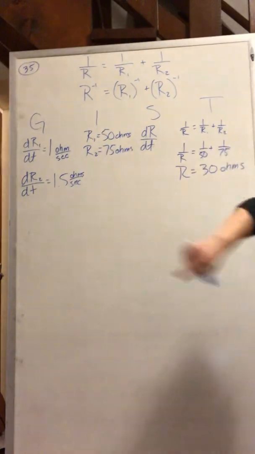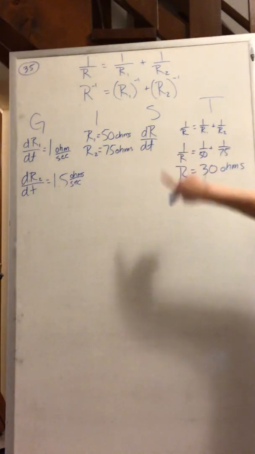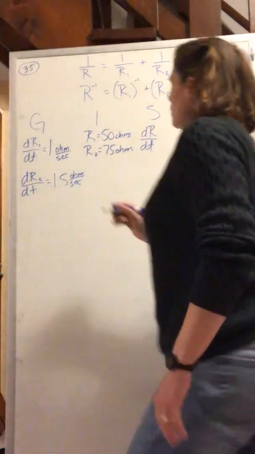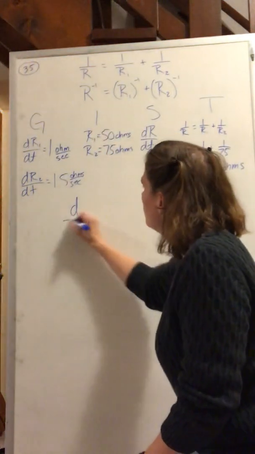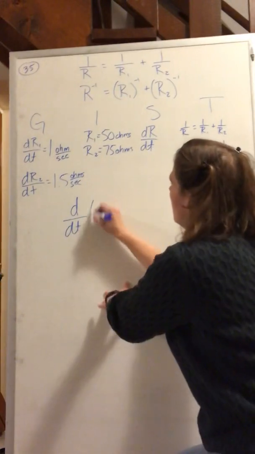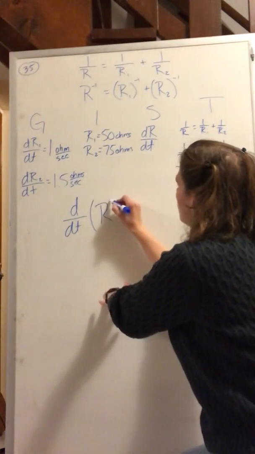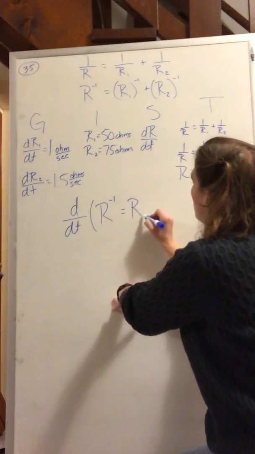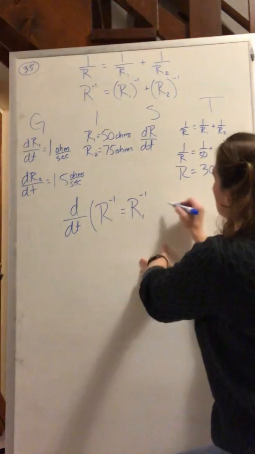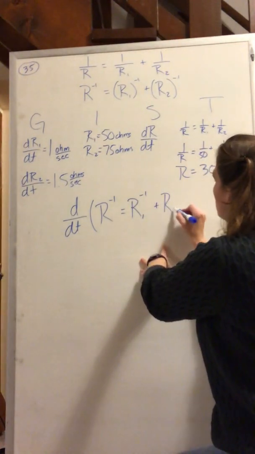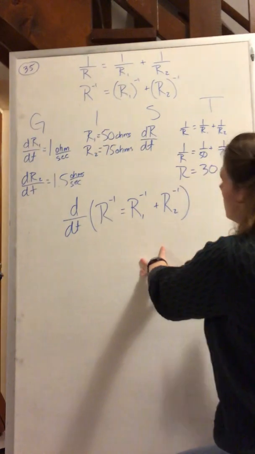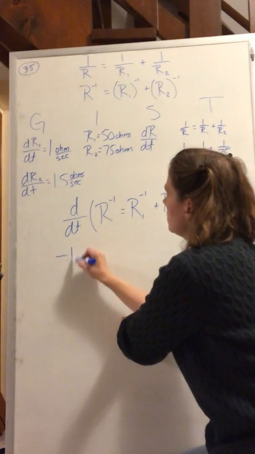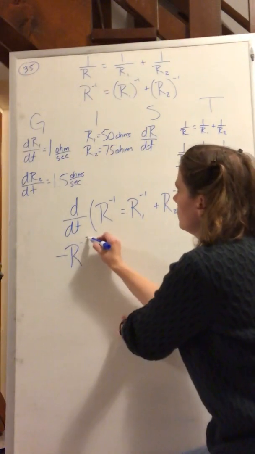Okay, so we're going to need this. We're solving for dR over dt, and now we're going to come back to this form of our rule. If I take the derivative with respect to time of the total resistance inverted, which is equal to the first resistance inverted plus the second resistance inverted, then this here is going to give me negative 1 R to the negative 2.